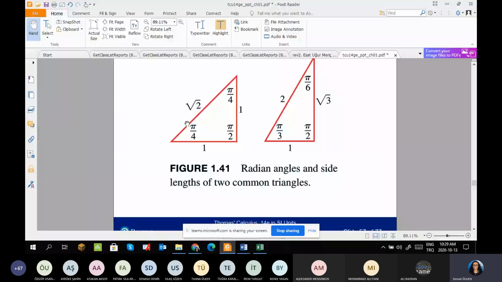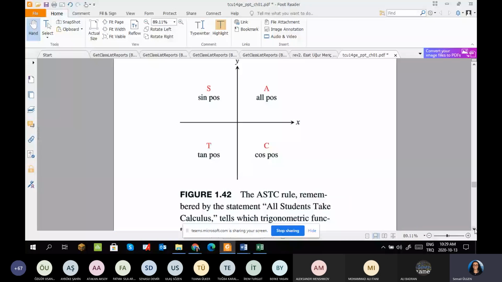And this is about the signs of the trigonometric functions as well. Here, all of them are positive. Here, only sine is positive. Here, tangent is positive. Here, cosine is positive. And the rest are negative in each quadrant.